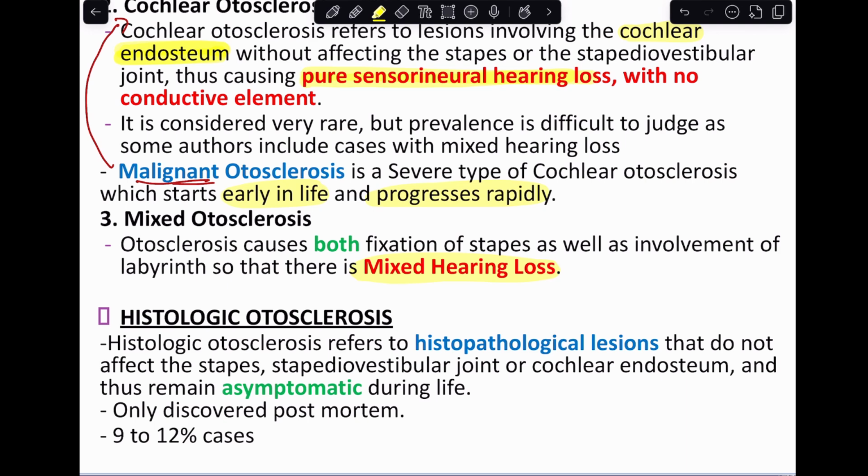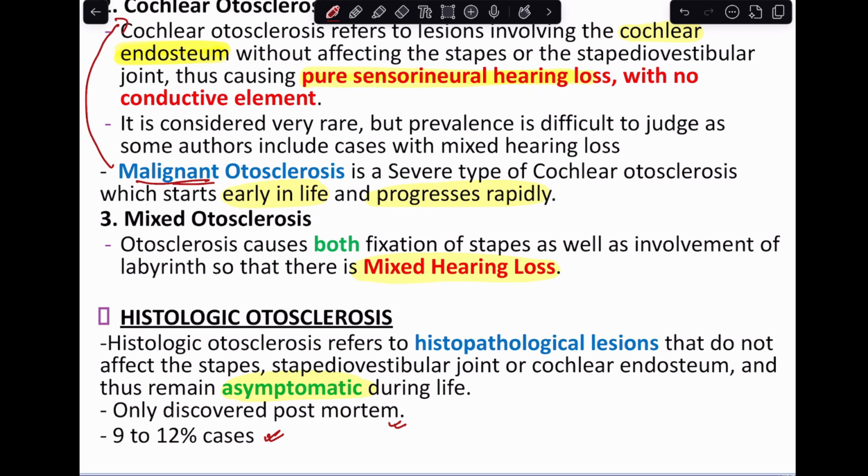However, the patients remain asymptomatic during their life. They do not come to you with any of the symptoms that we see in clinical otosclerosis. And these lesions most often are discovered only post mortem, and this comprises only about 9 to 12% of all cases of otosclerosis. So these are the different types of otosclerosis.